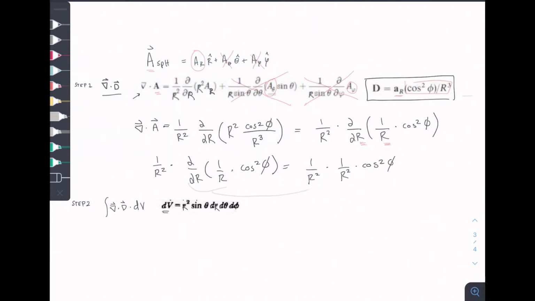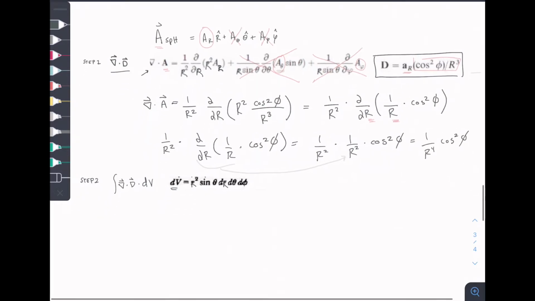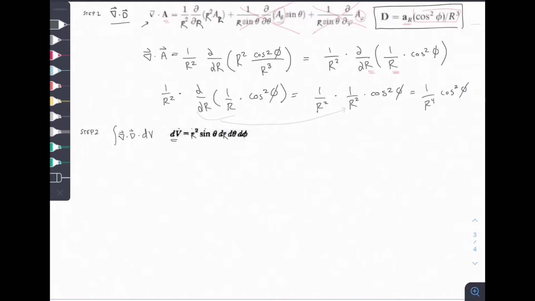This piece becomes r squared. So we're going to end up with 1 over r cubed. Sorry, not cubed. R to the 4th, times cosine squared phi. So we have this first piece here, and we're going to take that and plug it into our second piece. This is just our del dot D. We're solving and simplifying that before we integrate.